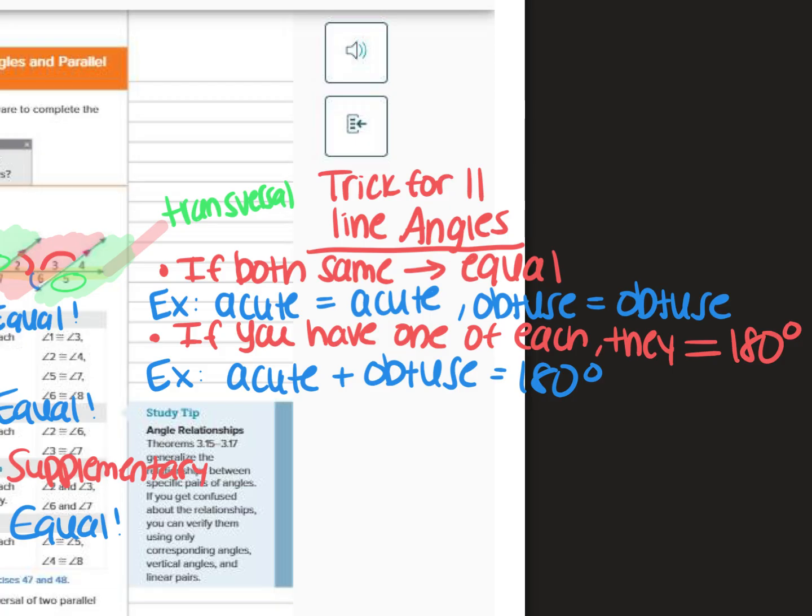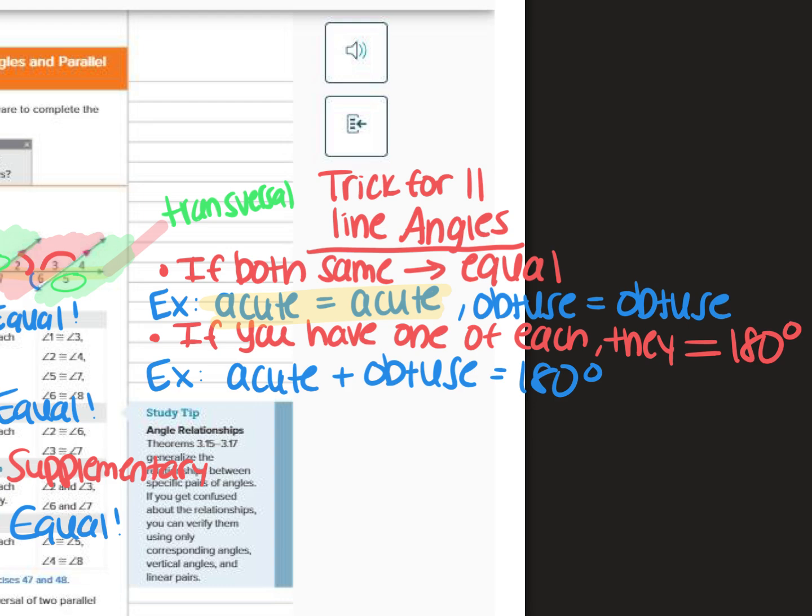Okay, so over to the side, guys, somewhere in your textbook, please include these notes. A simple trick for figuring out angles with parallel lines cut by a transversal. First of all, if you have both angles that are the same, so let's say you have an acute angle and another acute angle, I may not really know their measure, but if they're both acute, then I know for a fact they're going to be equal in measure.